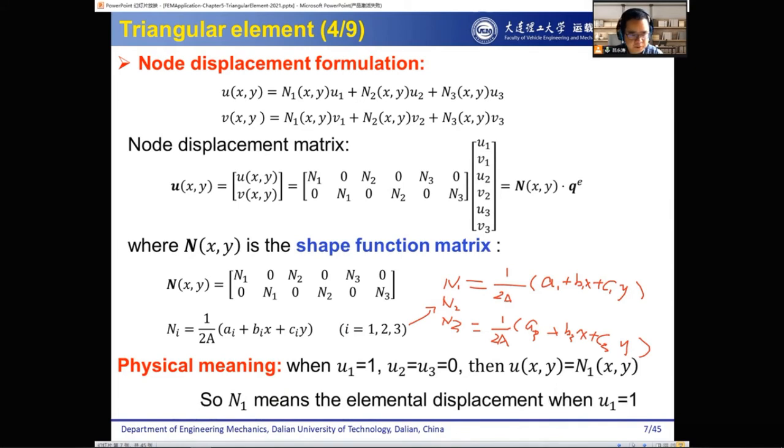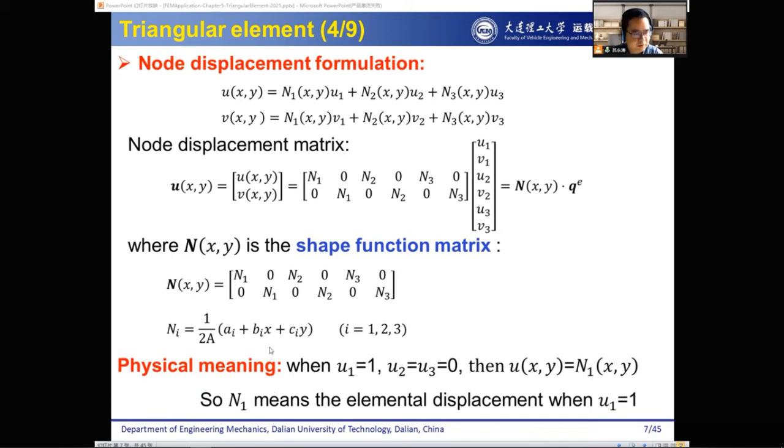Okay, let's have a look at the physical meaning of those. So when u1 equals 1, and u2, u3 equal 0, then u_x equals N1. What does this mean? So u1 equals 1, and u2 equals 0, which means we can eliminate this term, and u3 equals 0, so we can eliminate this term as well.